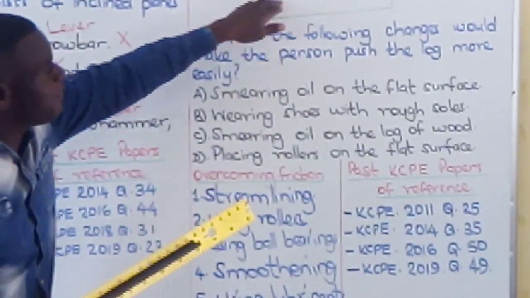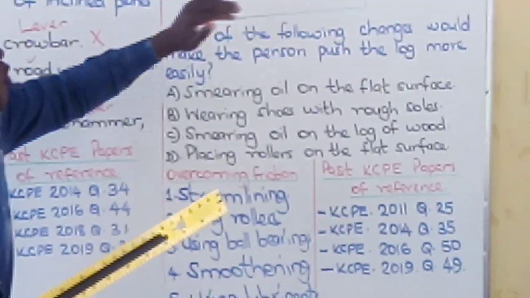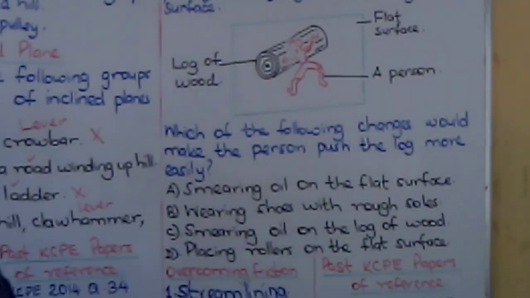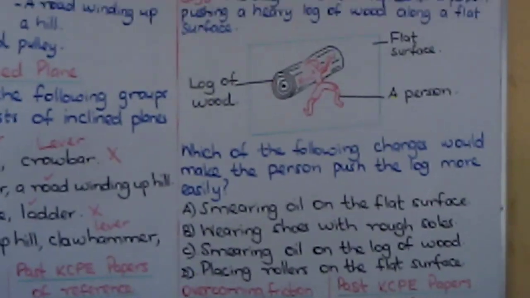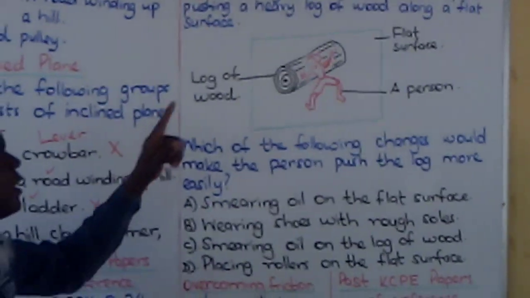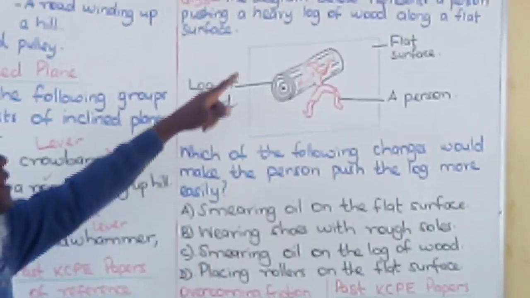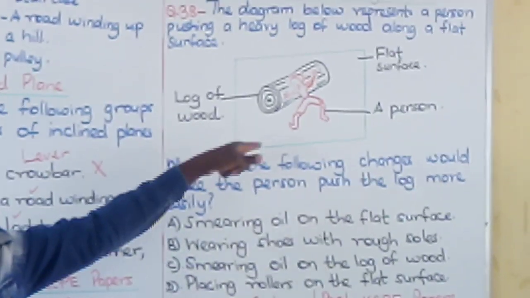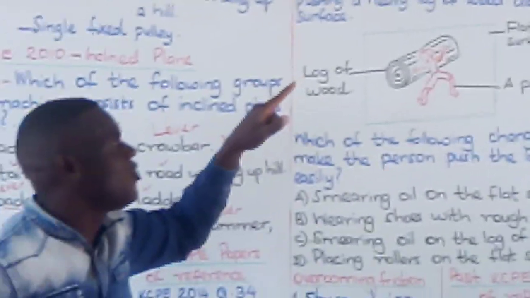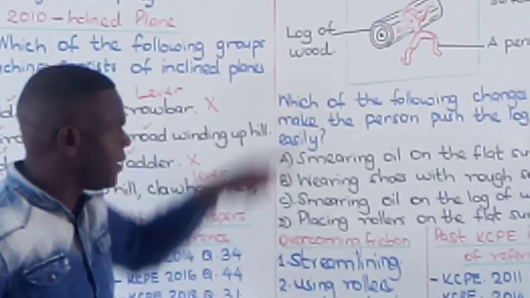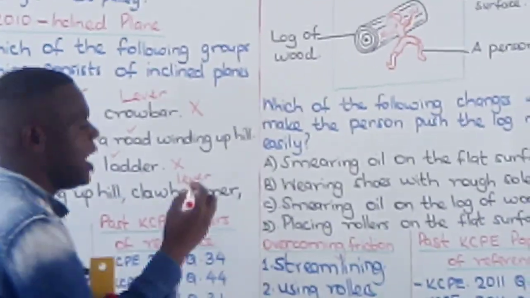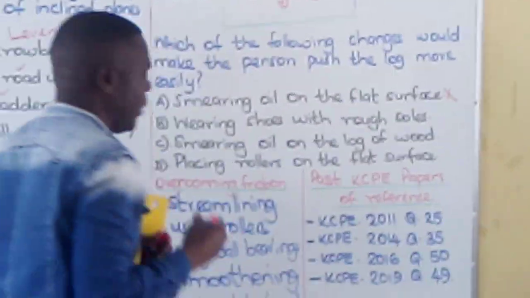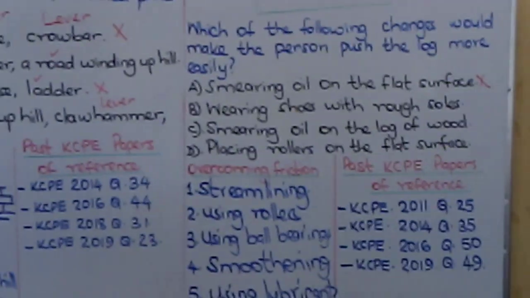Now the flat surface, when you smear oil on the flat surface, you actually reduce friction, but you make it slippery. And so the wheels or anything round, circular like this cylindrical log would skid and not roll. And so this one would not help us, though it's a method of overcoming friction.